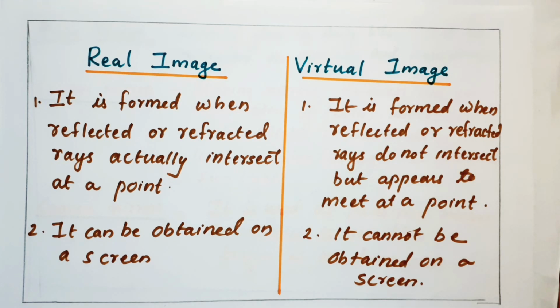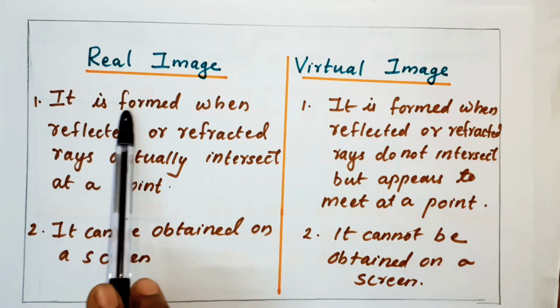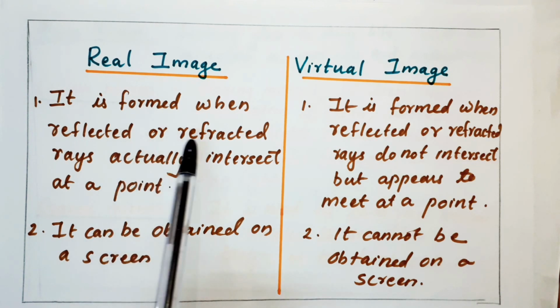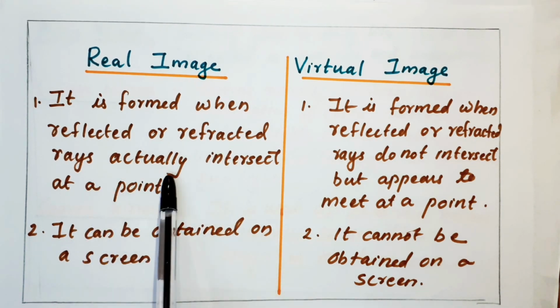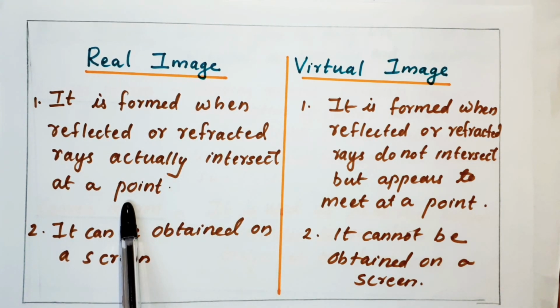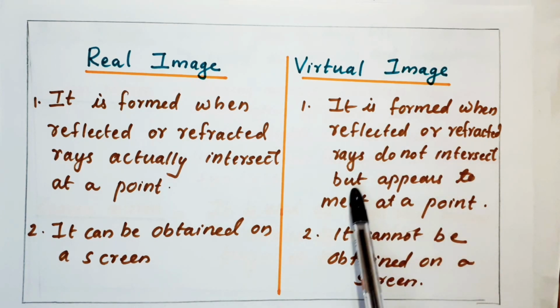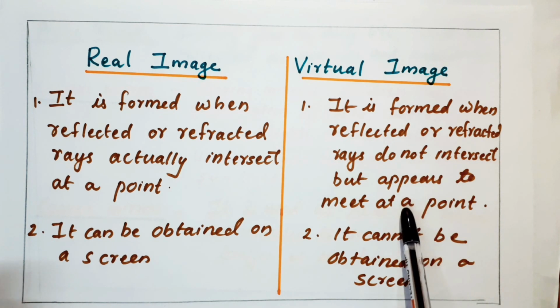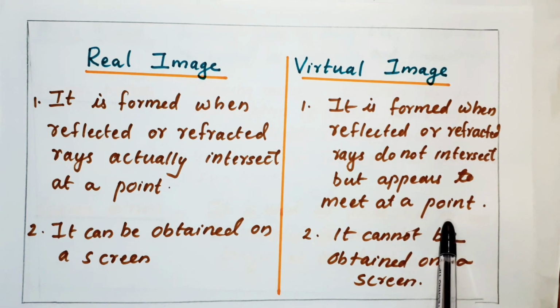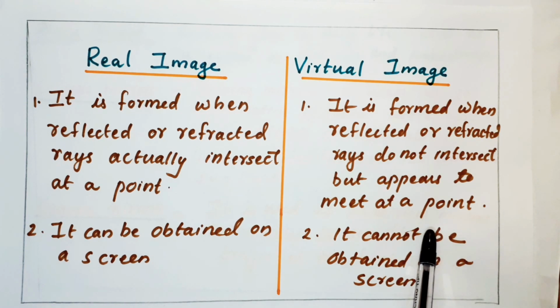Actually, it's not meeting. We are just making them meet. A real image is formed when reflected or refracted rays actually intersect at a point. But a virtual image means the rays do not intersect but appear to meet at a point. That's what I did for a convex mirror. We are just extending them back and they appear to meet at a point.